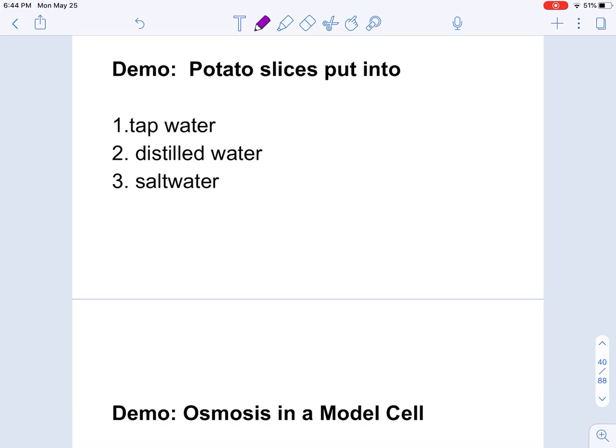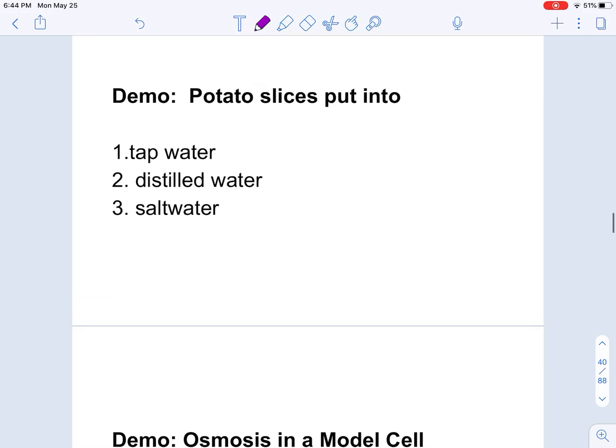This demo with potato slices is one where we took a mass of those potatoes after they were put in different tonicities of water.